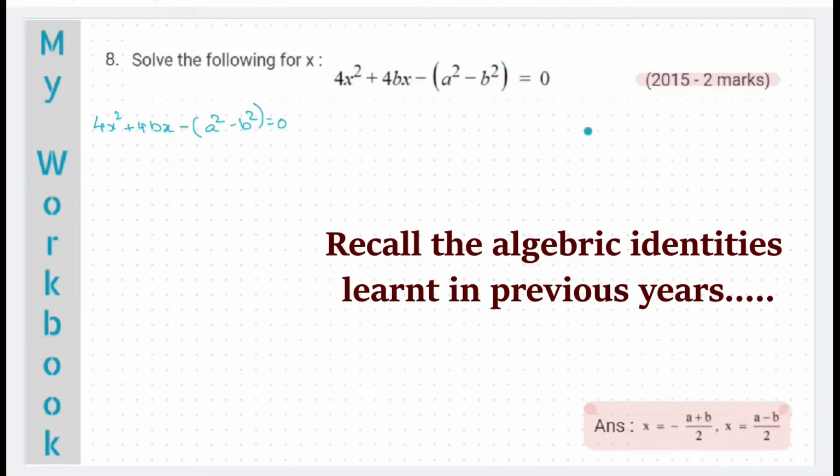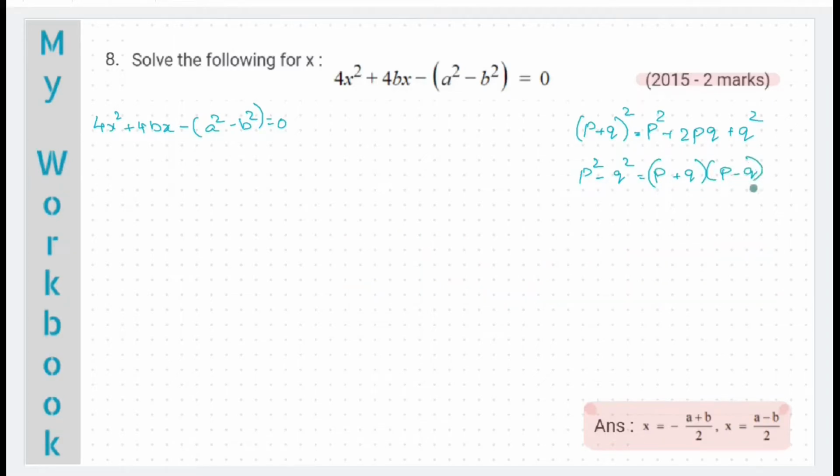First, (p plus q) the whole square. How do we expand it? p square plus 2pq plus q square. And p square minus q square can be written as (p plus q) into (p minus q). So let's first rearrange the terms here. 4x square plus 4bx.